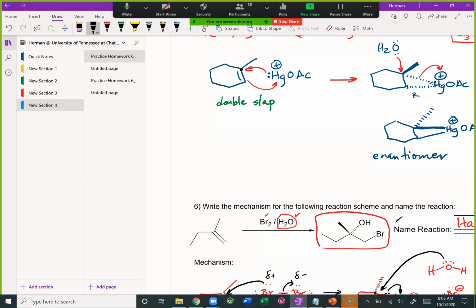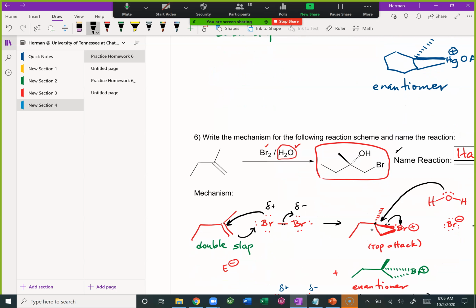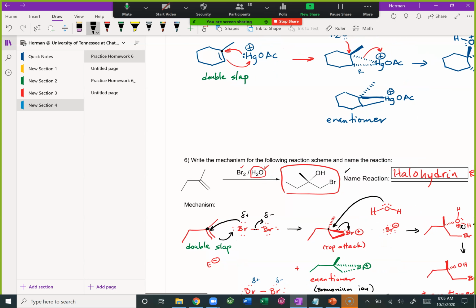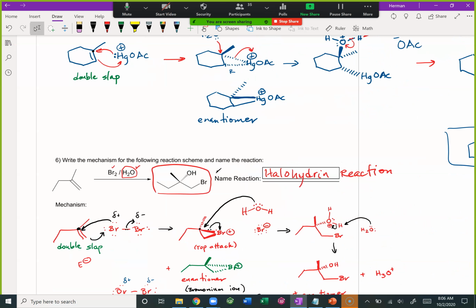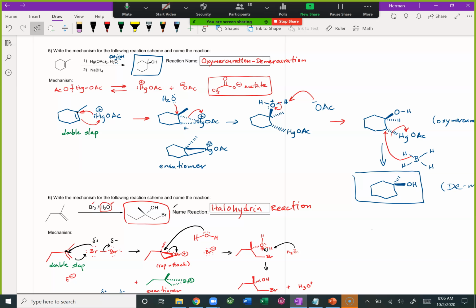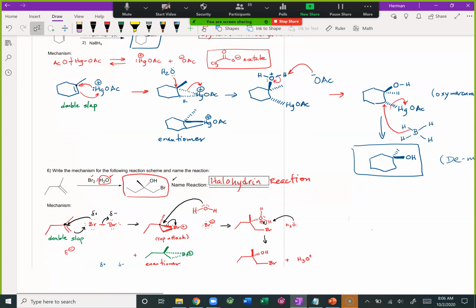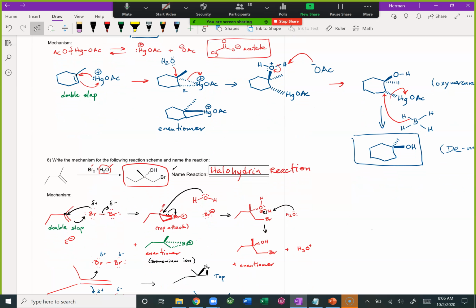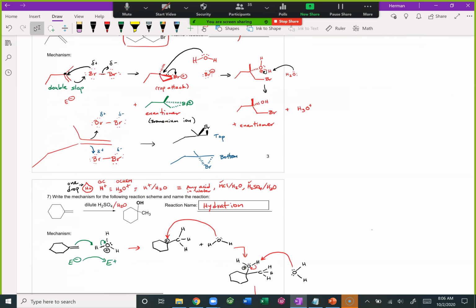That's your most substituted carbon. Here, this will be your most substituted carbon also. Okay. So that's a little recall that I wanted to do today that somehow slipped my mind on this mechanism, but not on the previous one.